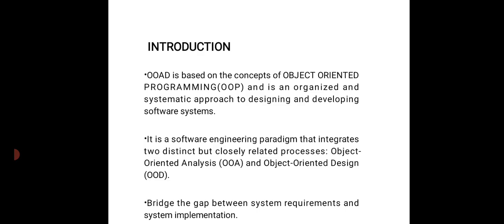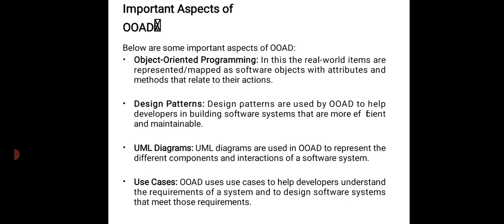Let me discuss the important aspects of OOAD. Here I have mentioned some important aspects. Among them, first, object-oriented programming: the real-world items are mapped as software objects with attributes and methods related to their actions.